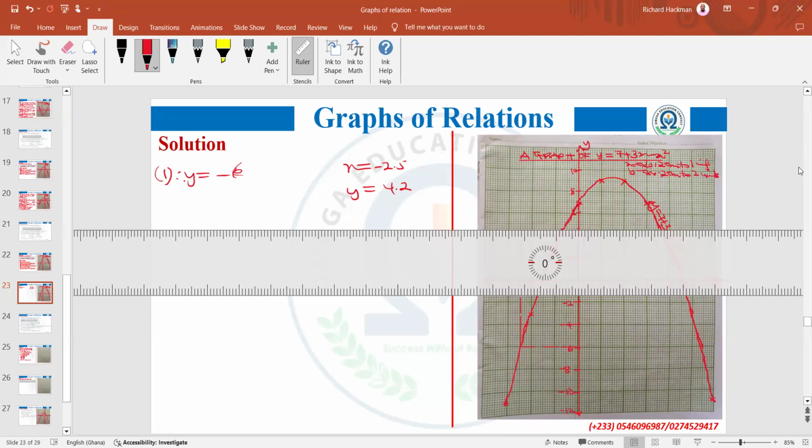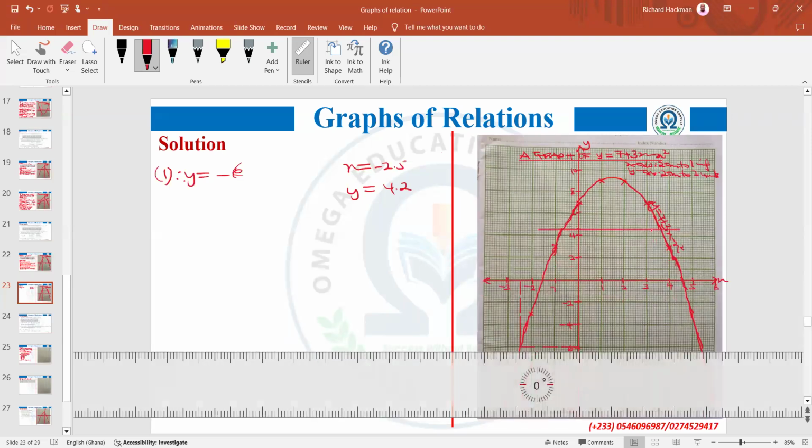Where my line meets the curve, I trace with my straight edge and read, then come and write the values there. As simple as that.